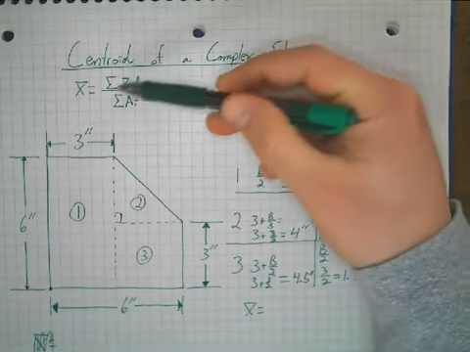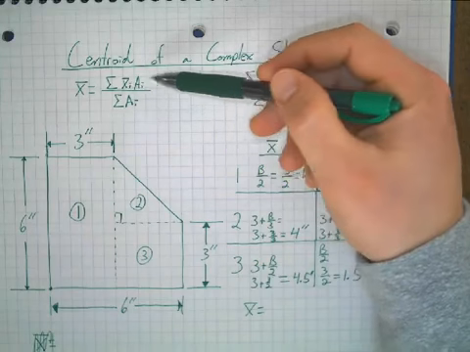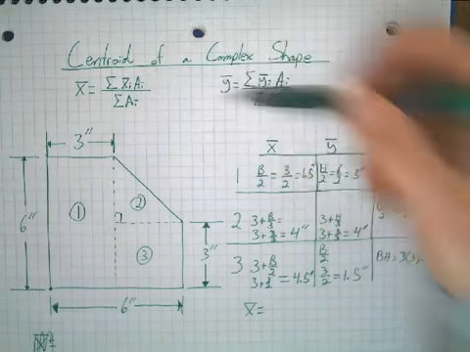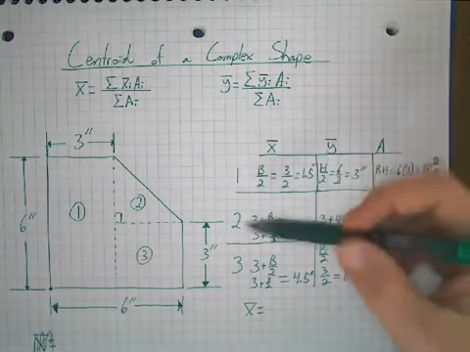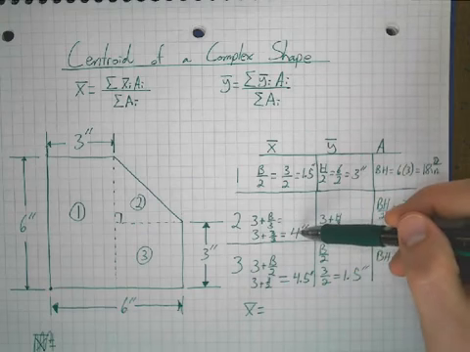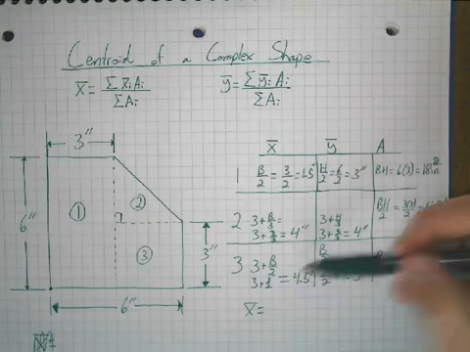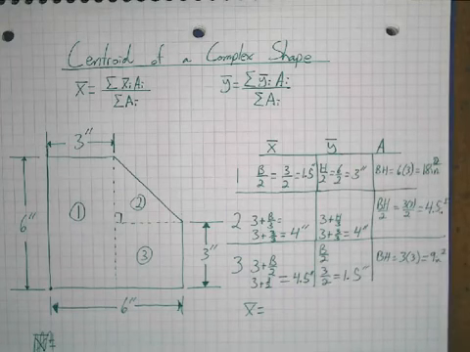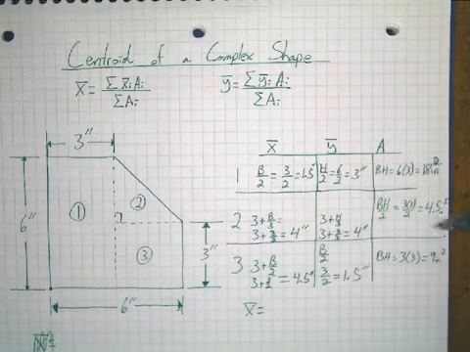It's the sum of the centroid of your first shape times the area of your first shape plus the centroid of my second shape times the area of my second shape plus centroid of my third shape times the area of my third shape. And then I take all of that divided by area 1 plus area 2 plus area 3.